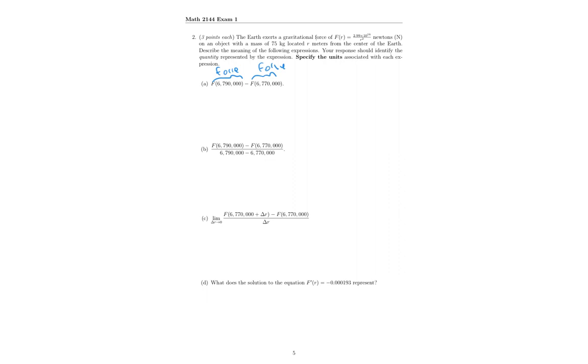So what this is going to represent, sorry for my handwriting, is the difference in gravitational force from the Earth, or maybe exerted from the Earth. I don't think that would make a huge difference.